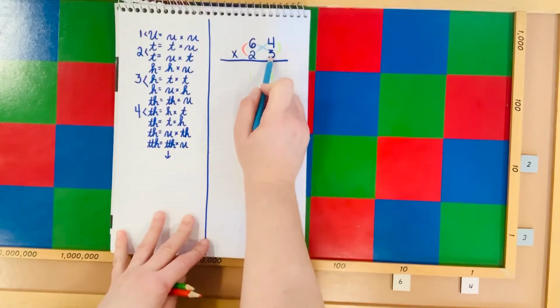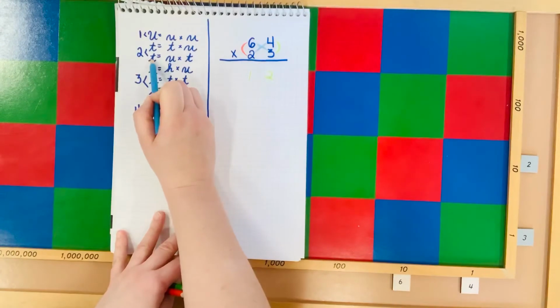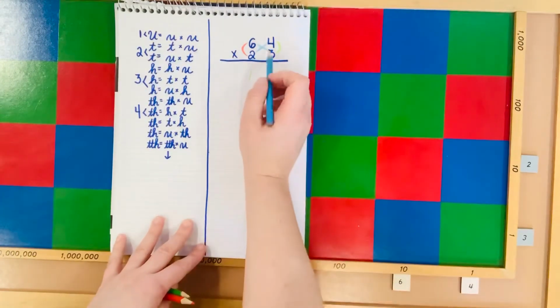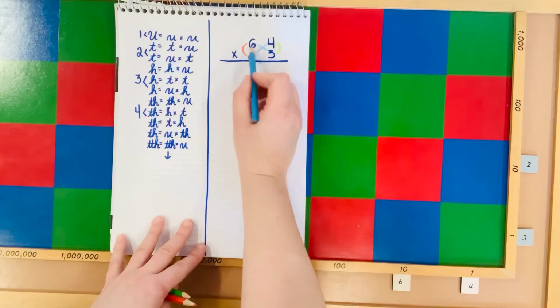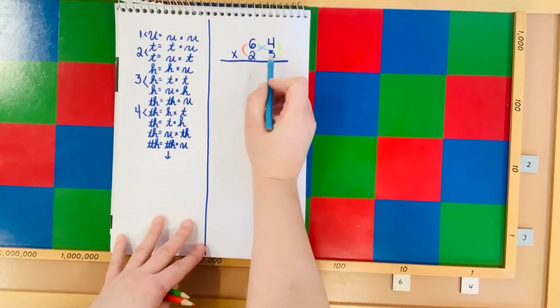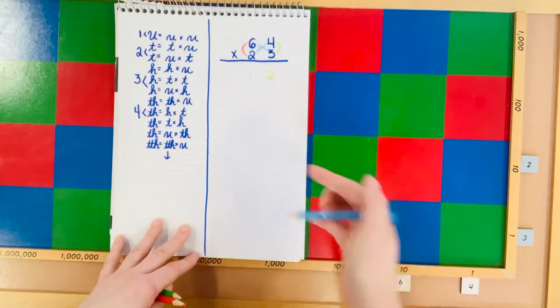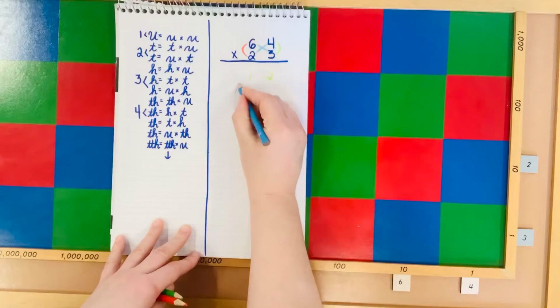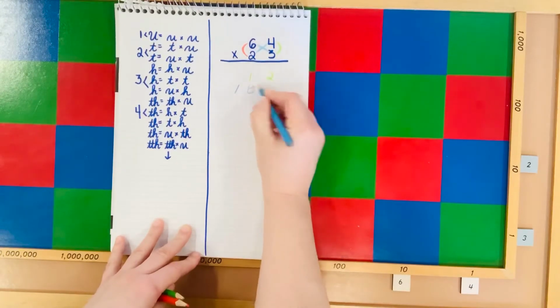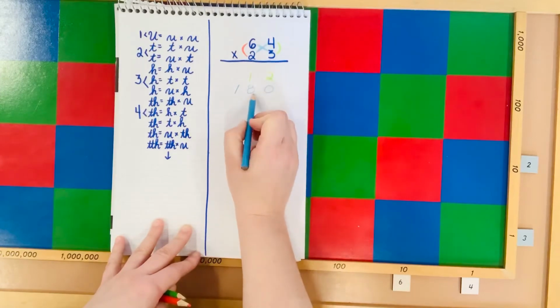Tens times units. So my answer is going to be in the tens. Okay, it's going to be a blue answer. So 6 tens times 3. 6 times 3 is 18. 18 tens, if I had 18 tens right here, that would be 180. 18 tens is the same as 180.